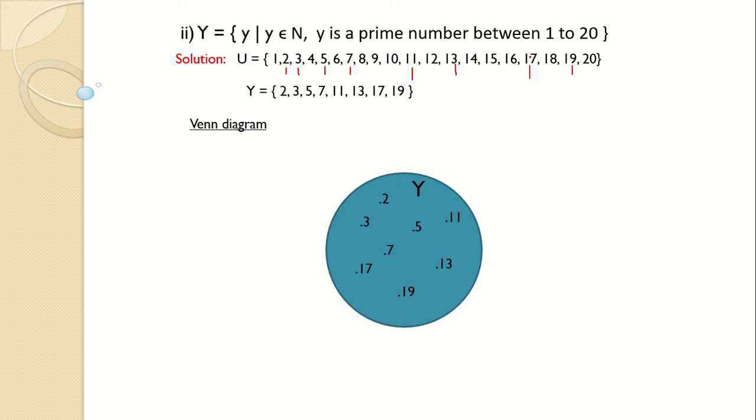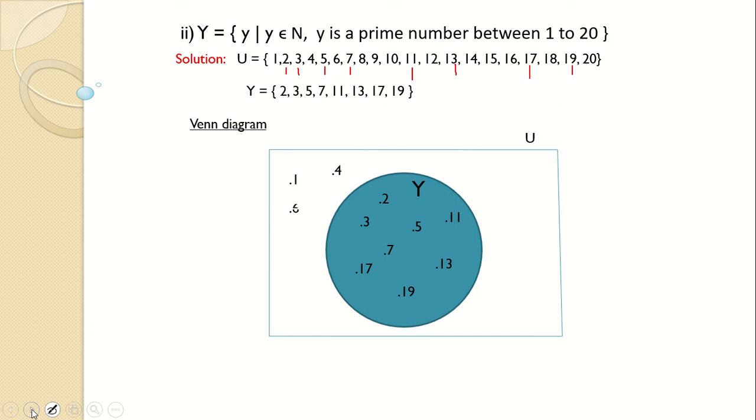All these remaining which are not in Y but are in the universal set, we have to write outside. So all the remaining we will write them outside.